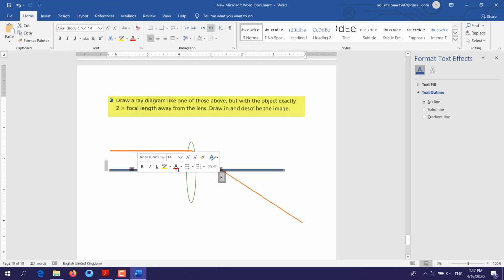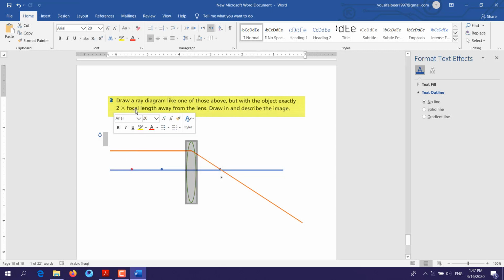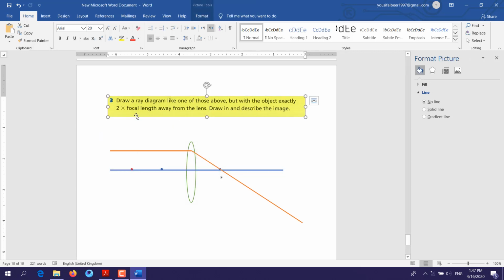When you draw a parallel line, we said when it goes to the lens, it should go inward. But where inward? It should pass through the F, which is the principal focus. Now the line shows the ray passing through the principal focus. Now we have finished the first line.